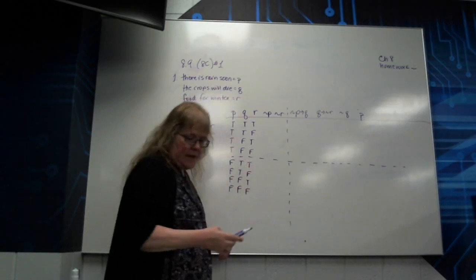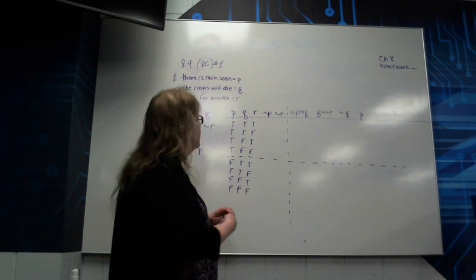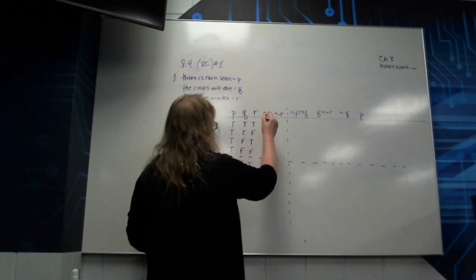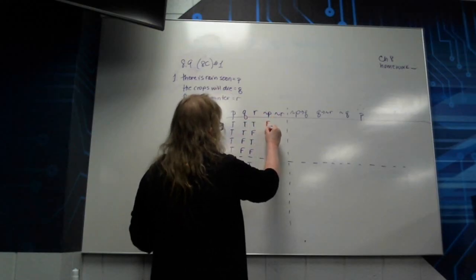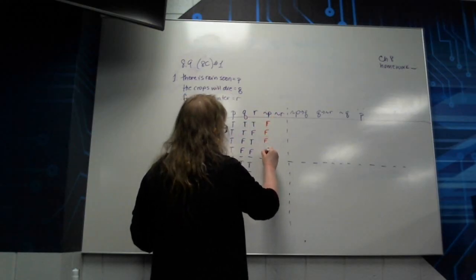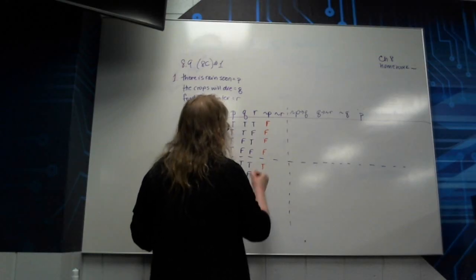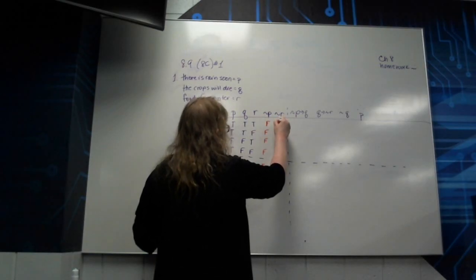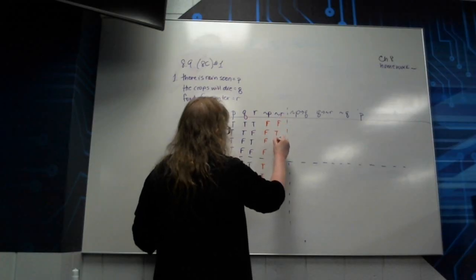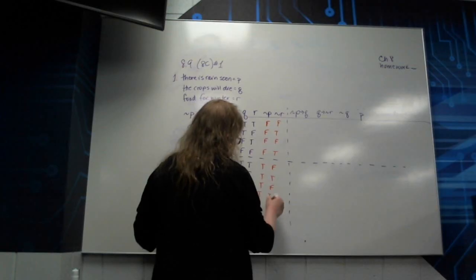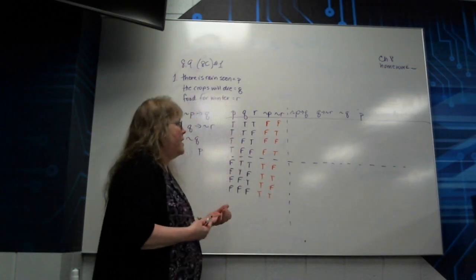Okay, and then our not P is opposite day for P's. So 4 by 4, but false first. Okay, and not R, same thing, opposite day. False, true, false, true, false, true, false, true. Okay, I have my guide.